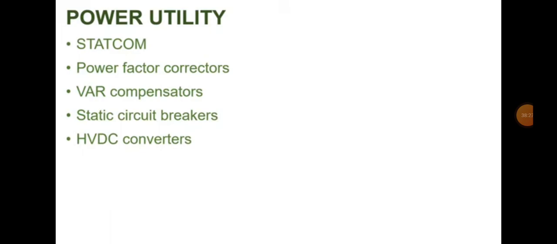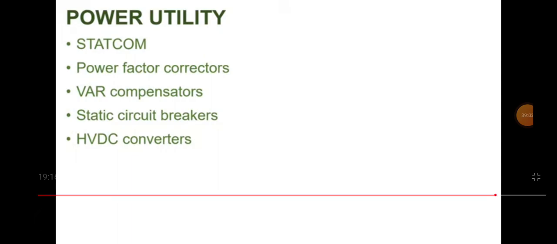In HVDC converters, power electronics is used for transforming power from AC form to DC form and transmitting it over huge distances with higher efficiency. Along with that, HVDC converters are used in some places for connecting two different grids which are running at different frequencies and which are located near each other geographically.